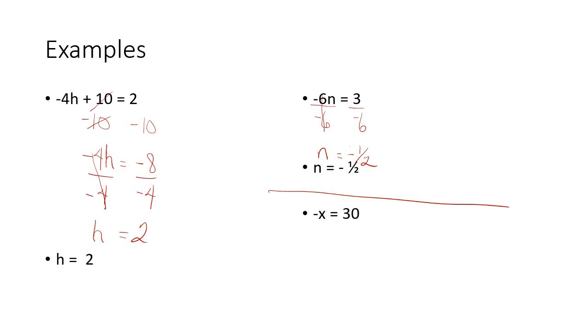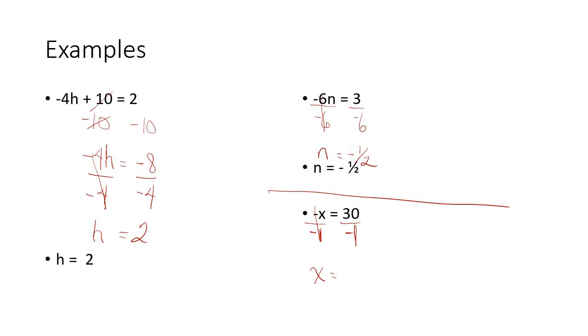Now we have negative x equals 30. Remember, the term next to that x that we don't write now comes into play. The term next to that x now is negative 1. Negative 1 divided by negative 1 is still 1.